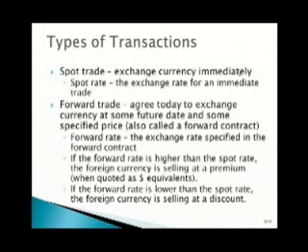So I can contract today to take Japanese yen a year from now and convert them into dollars, and I can lock in the rate of exchange. The forward rate is the exchange rate specified in the forward contract. If the forward rate is higher than the spot rate, then the foreign currency is selling at a premium when quoted in dollar equivalents. And if the forward rate is lower than the spot rate, then the foreign currency is selling at a discount.